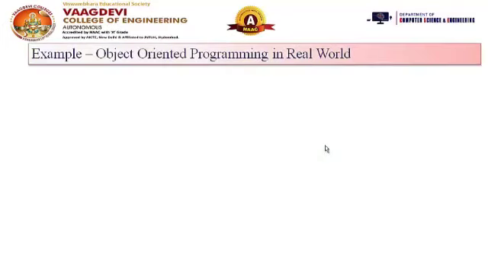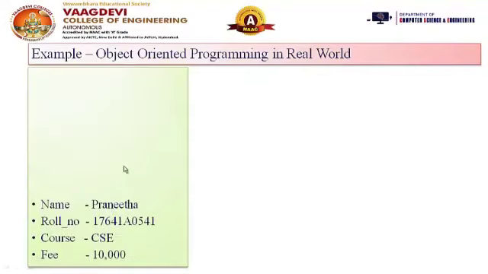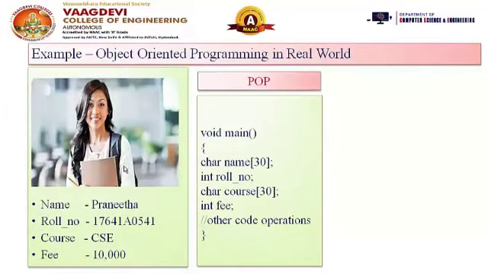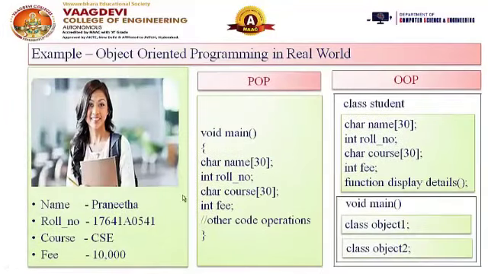Let's take a real world example of how object-oriented programming could help. Let's say, for example, in procedure-oriented programming, if we want to display n number of students' data, then we have to create n number of functions which operate on individual students.